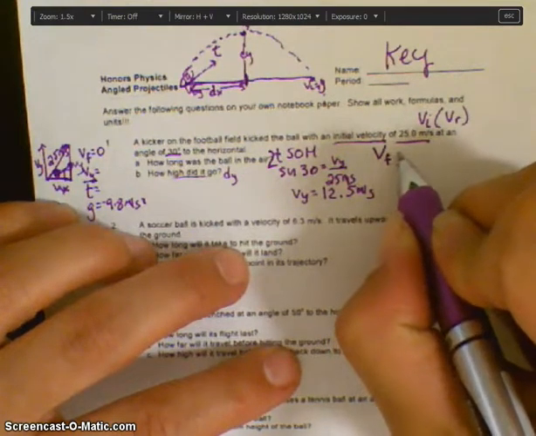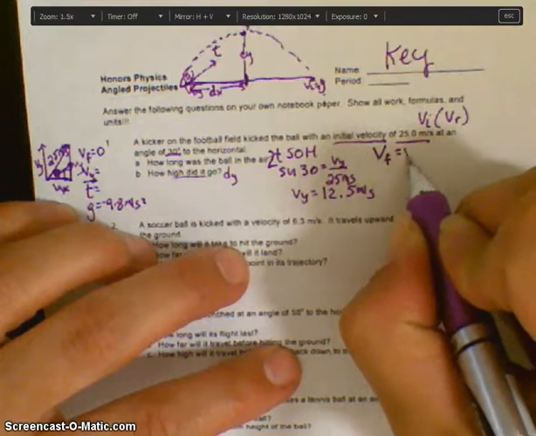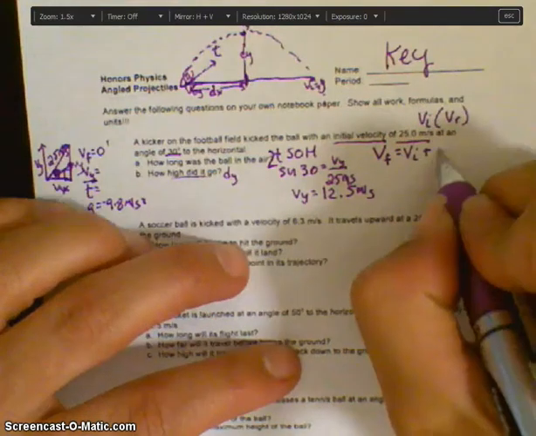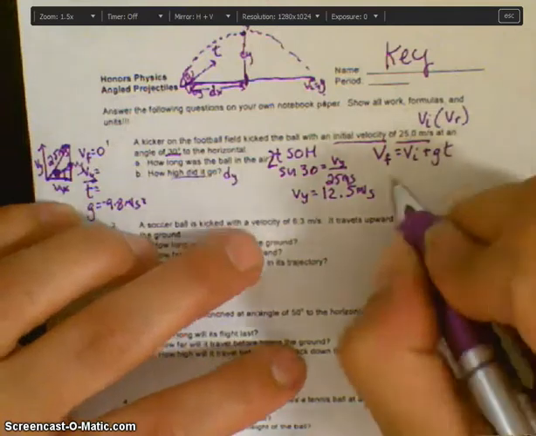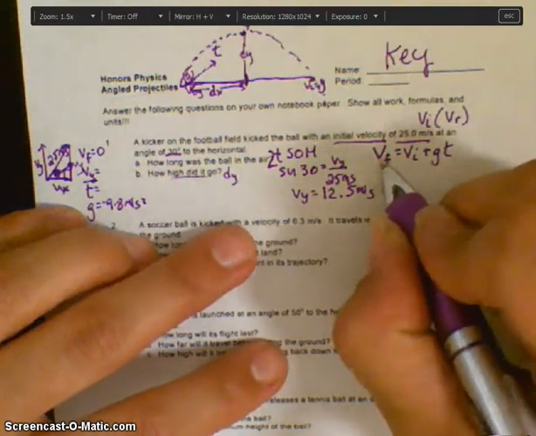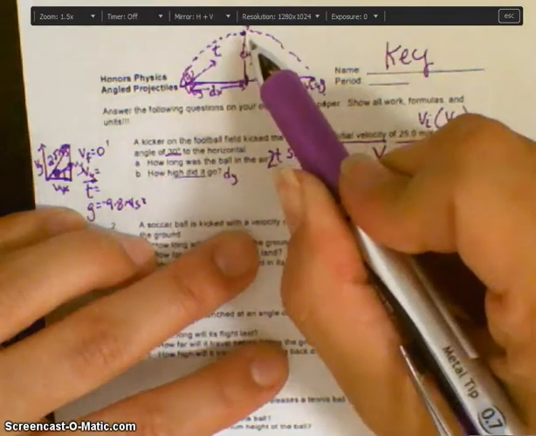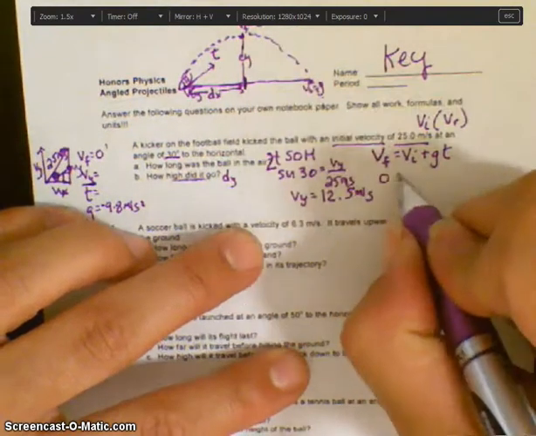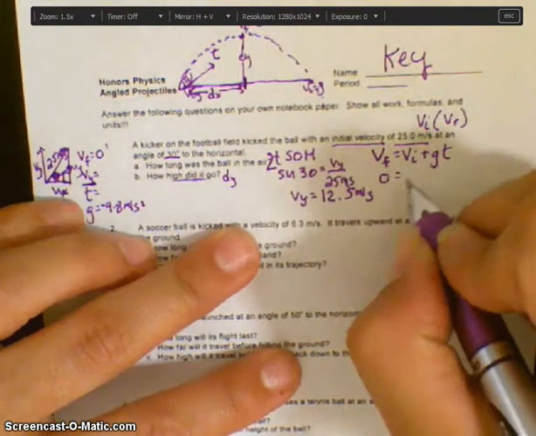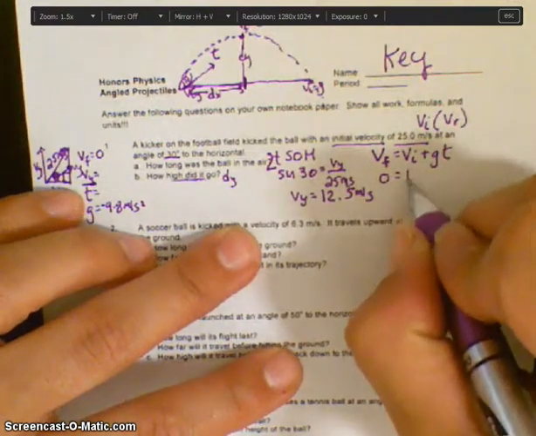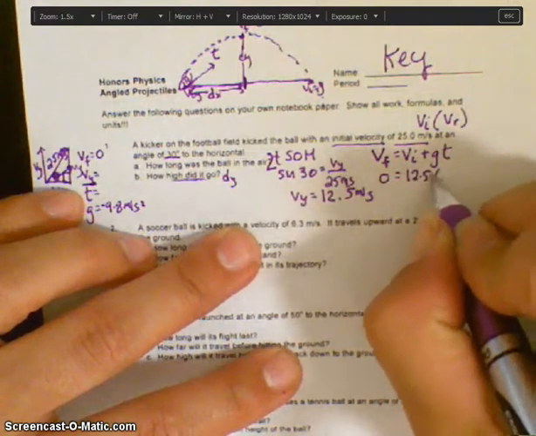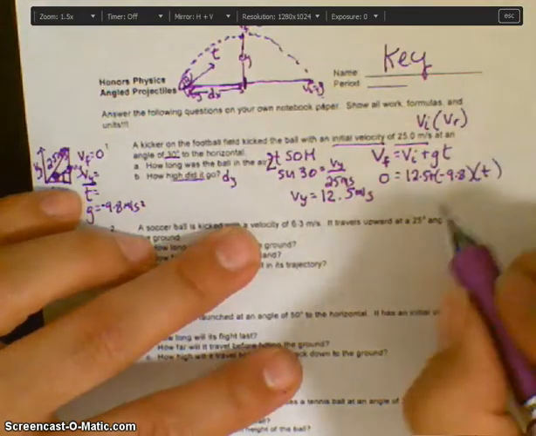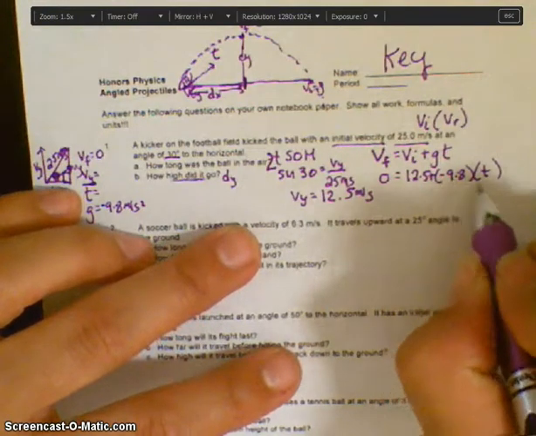So from the four equations we've been working with, Vf equals Vi plus gt. If we plug in, we already said that the final velocity at the highest point in the trajectory is 0, remember, it starts to slow down again. So 0 is equal to, and we've discovered mathematically that our Vy is 12.5, to try and find our time, 12.5 plus a negative 9.8 times time.